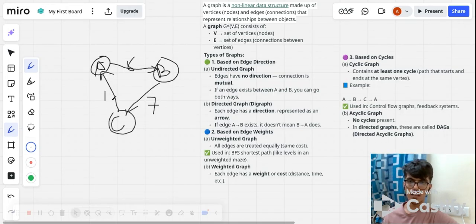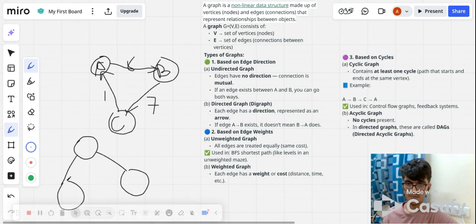On the other hand, suppose I drew another graph here, this, and this. So this would be an acyclic graph.